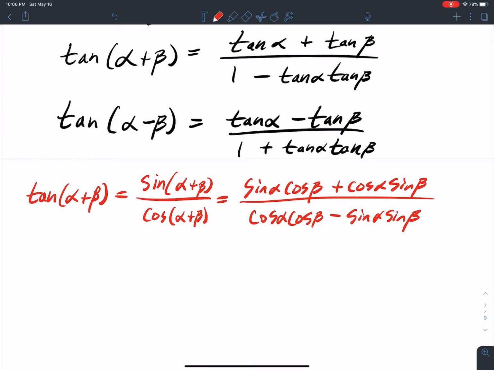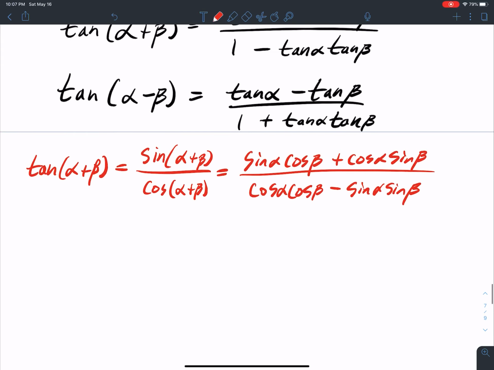So sine alpha cosine beta plus cosine alpha sine beta, divided by cosine alpha cosine beta minus sine alpha sine beta. Now what we're going to do is divide the numerator and the denominator by cosine alpha cosine beta. So what does that look like?